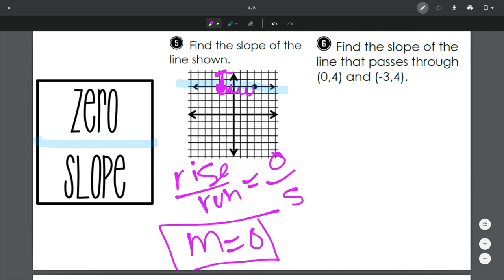But sometimes you're not going to be able to see that when you have something like number 6 right here. For number 6, when you've got points, I've got 0, 4, and -3, 4. Set up my t-chart.